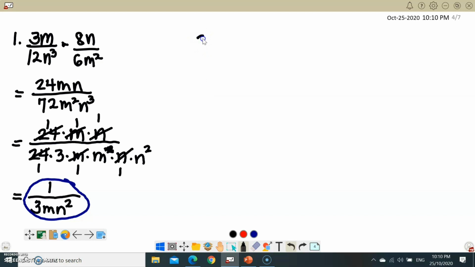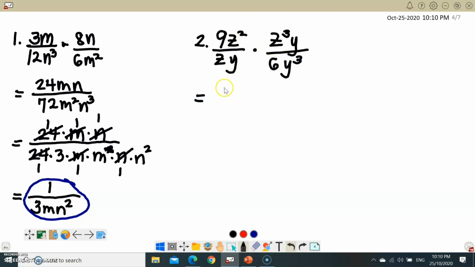Let's have example number 2. So 9z squared over zy multiplied by z cubed y over 6y cubed. So we multiply the numerators. We now have 9z raised to 5 y over, multiply the denominators, so 6z y raised to 4.